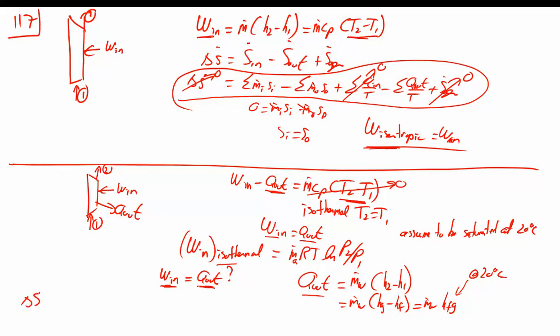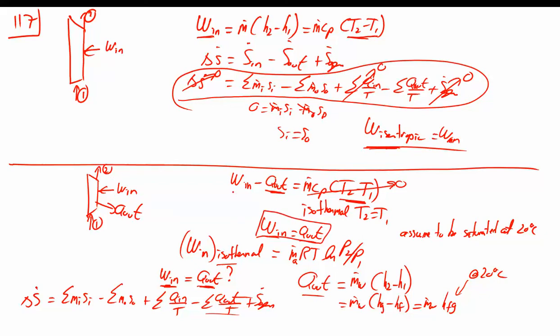If I look at this, delta S system is equal to the sum of the mass in times entropy in minus the sum of the mass out times entropy out plus the sum of the Q in over T minus the sum of the Q out over T plus S gen. Well, I actually have a Q out term here, which results in my exit conditions changing. It's no longer isentropic. So I have a little bit of entropy being taken away from the system. So that means my temperature at the exit is less. Does that make sense?